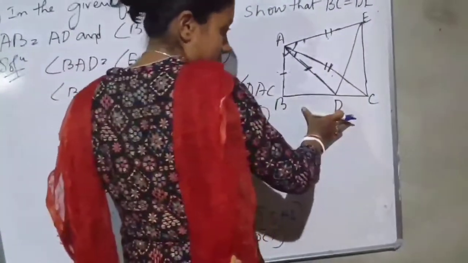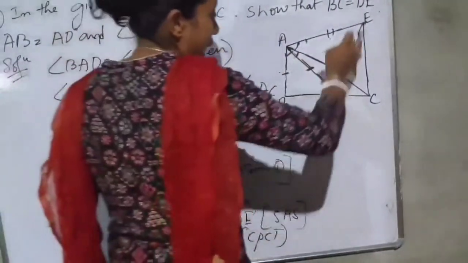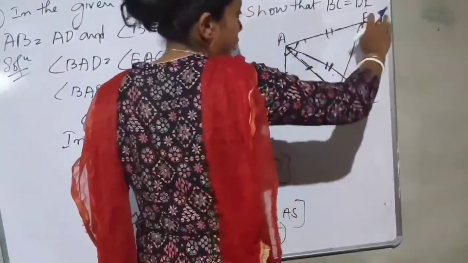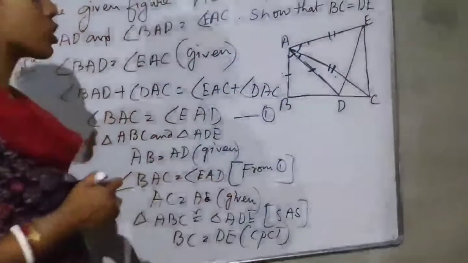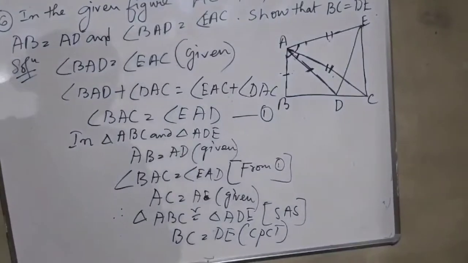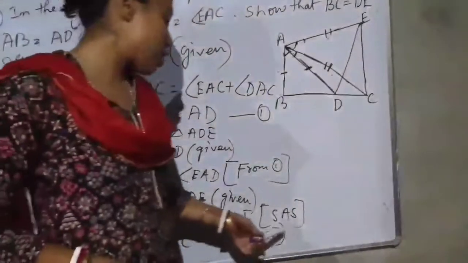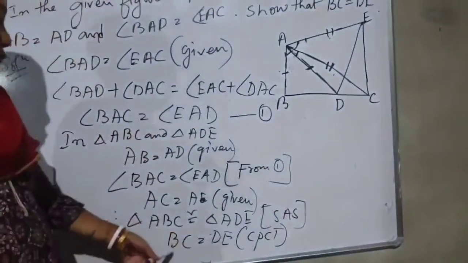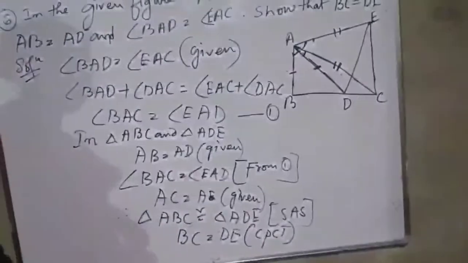BC of triangle ABC and DE from triangle ADE are the corresponding sides. So corresponding parts of congruent triangles are equal. Therefore BC equal to DE.